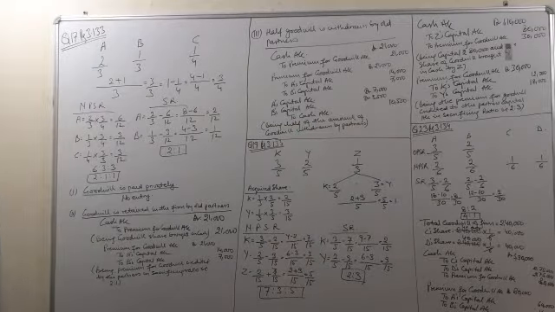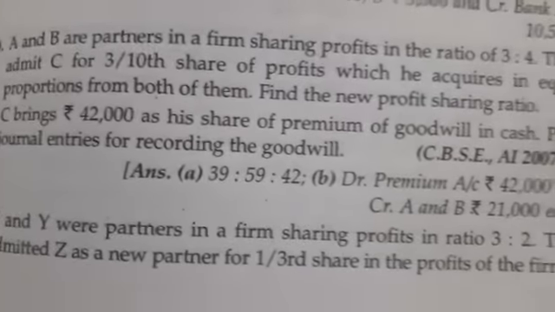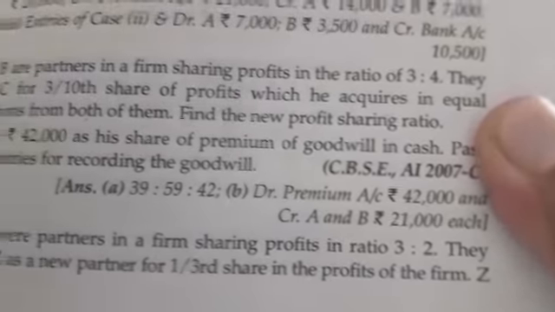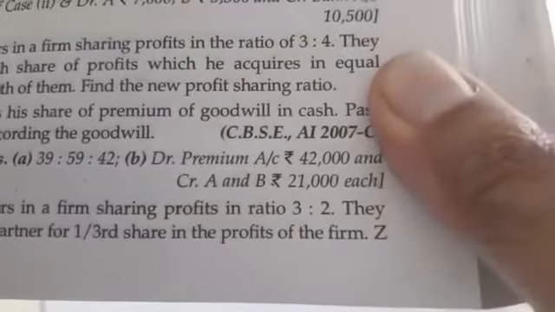Now question number 19. See, question number 19 says, here is the question, page is same. X and Y were partners in a firm sharing profits in the ratio 3:2. They admitted Z as a new partner for 1/3 share in the profits of the firm.